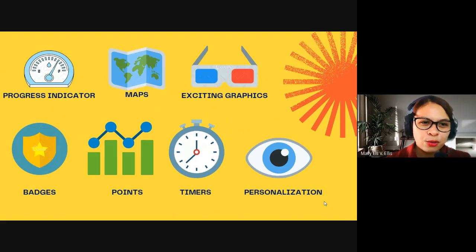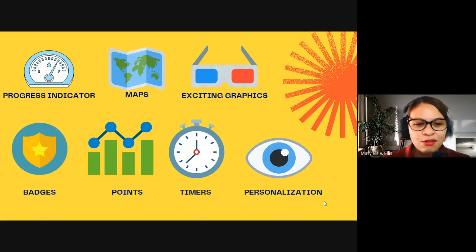When they are able to answer a question and you pop up a badge on the screen, it means a lot to them already. It doesn't have to mean anything, but they get something from it. They also love to have points and some timers. During a game, when you set some timers, it gives them the urge to do their best because they are into it.